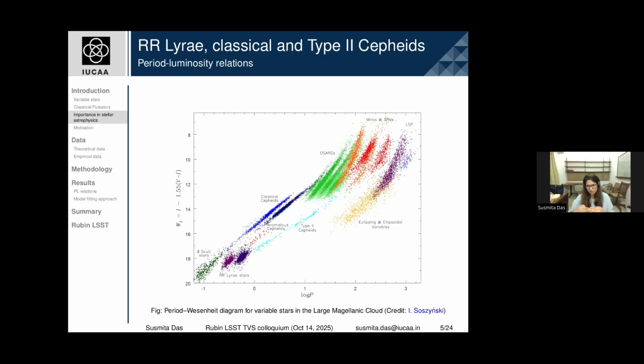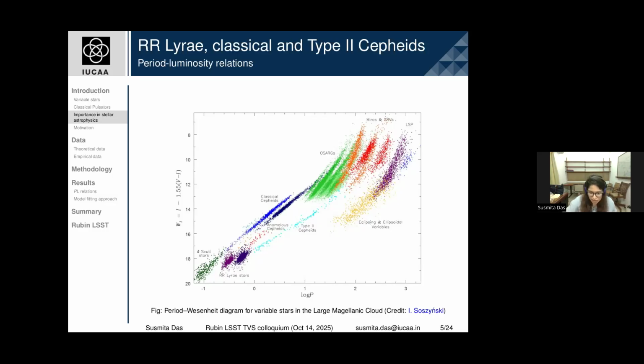And as you see, this is the present-day PL relation that we have, and they clearly separate out in two well-defined period luminosity relations. The reason, of course, is that type 2 Cepheids are intrinsically fainter than classical Cepheids. So at any given period, a classical Cepheid will always be brighter than its type 2 counterpart.